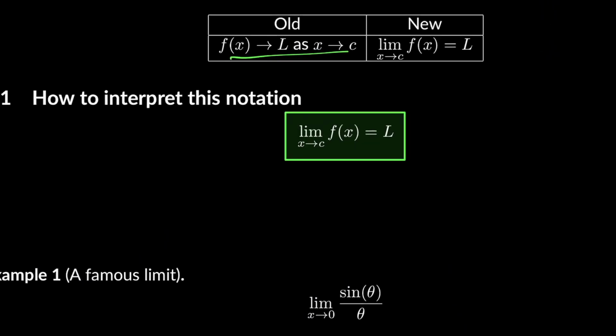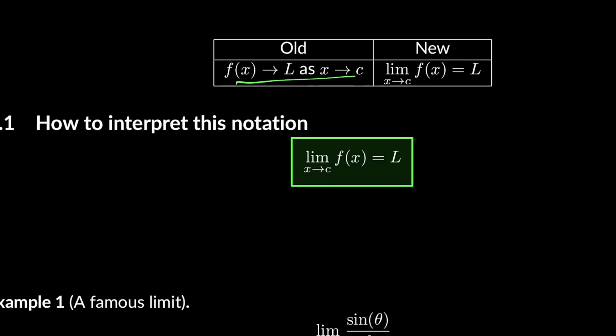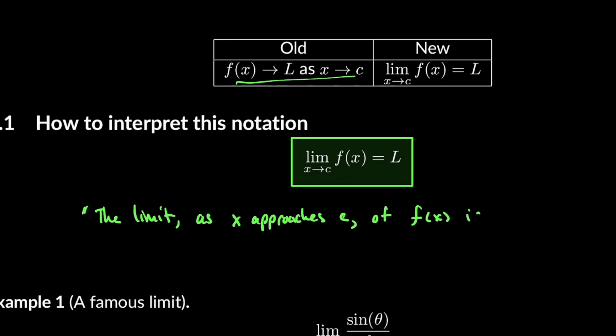Okay? And what this says, how we read this, is the limit as x approaches C of f of x is the value y equals L. It's a value for the output to be approaching. Okay, so that's why I put the y equals in there.